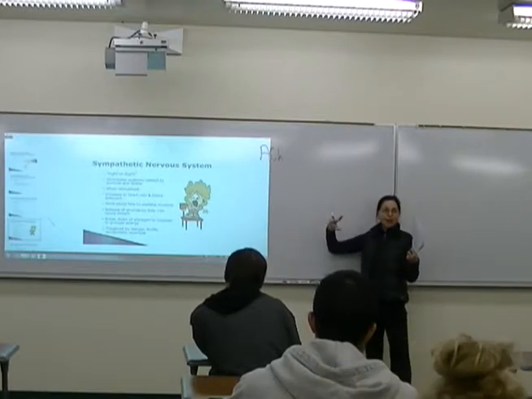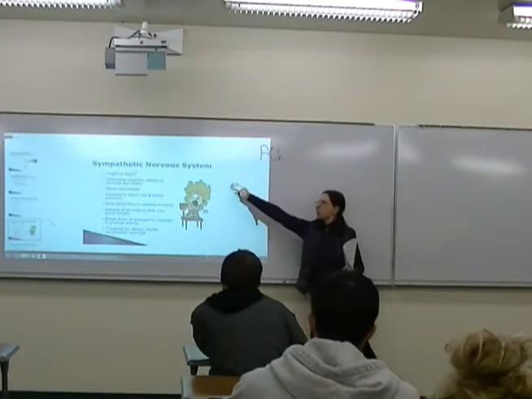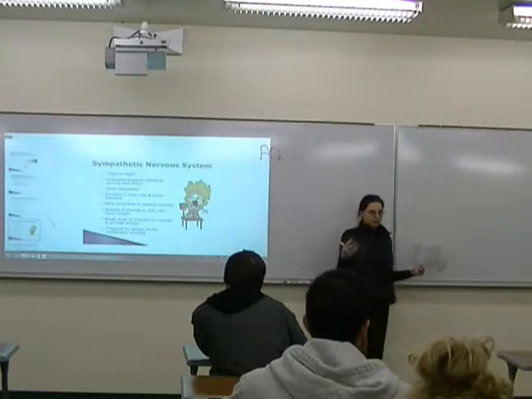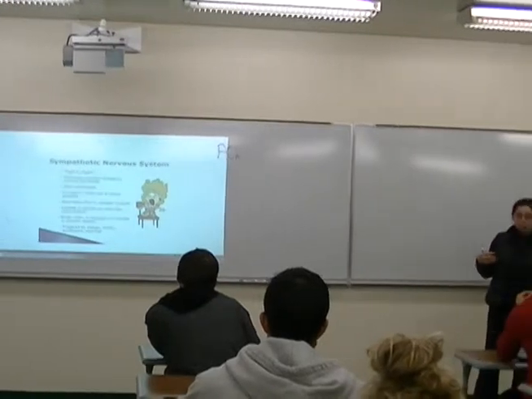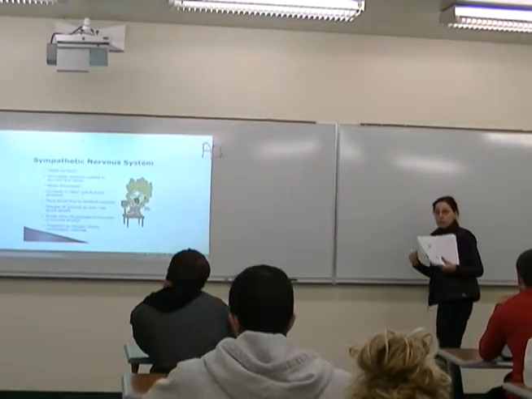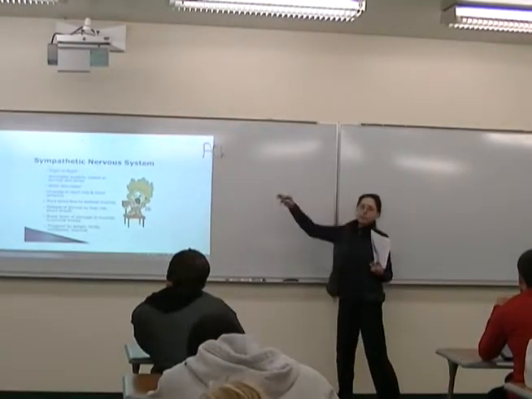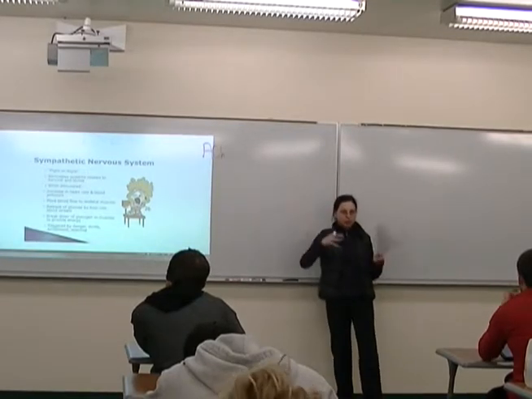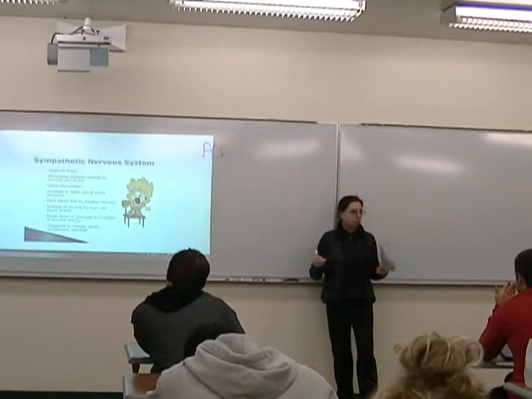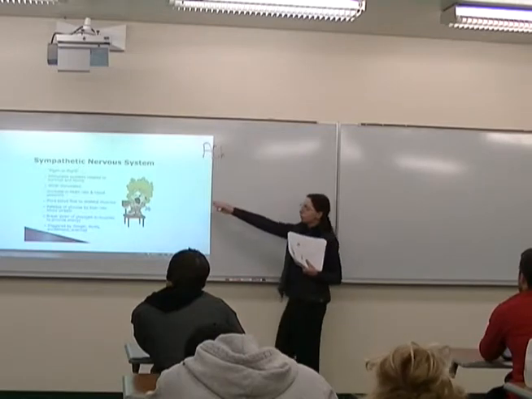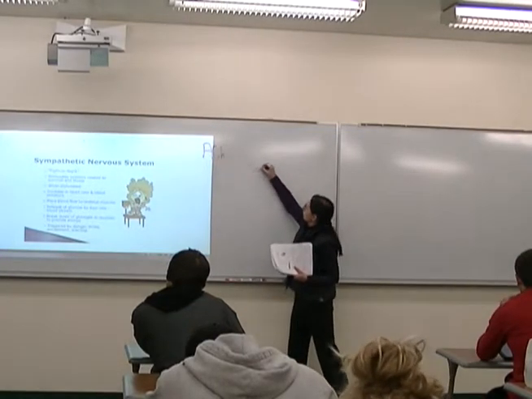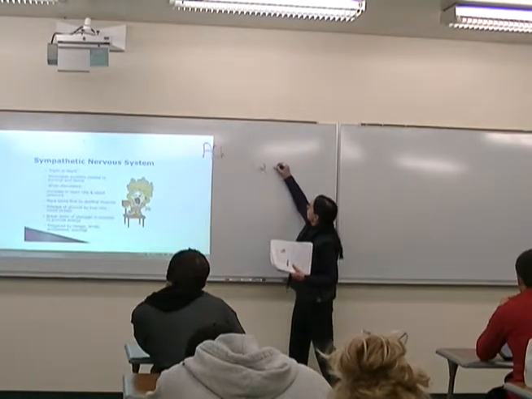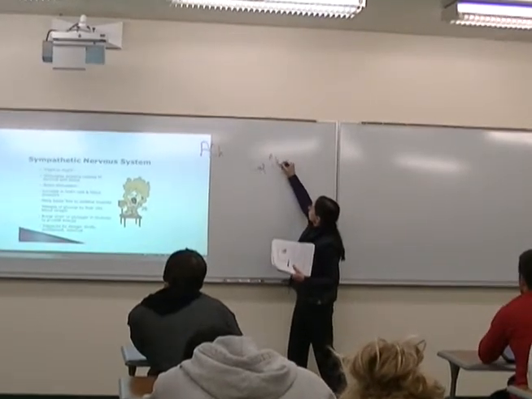So your heart has the endings of nerves that sit within the sympathetic system that synapse with the heart muscle. And when you exercise, those nerves carry a signal from the brain telling the heart muscle to contract quicker. Okay? So that's my sympathetic system increasing heart rate.